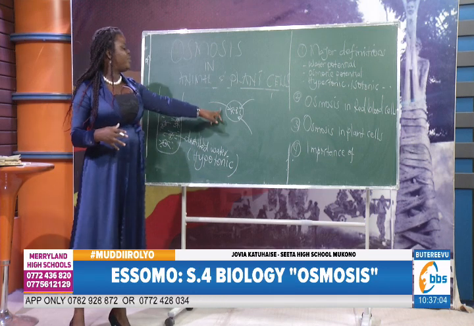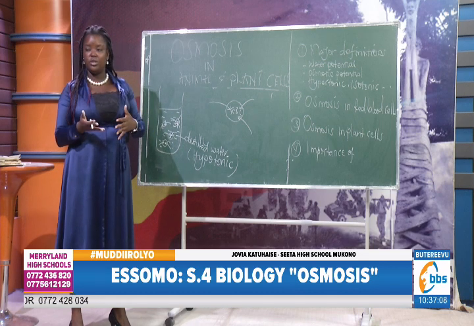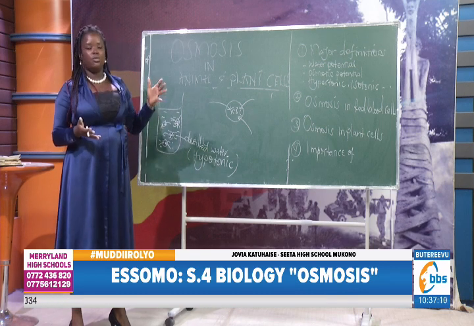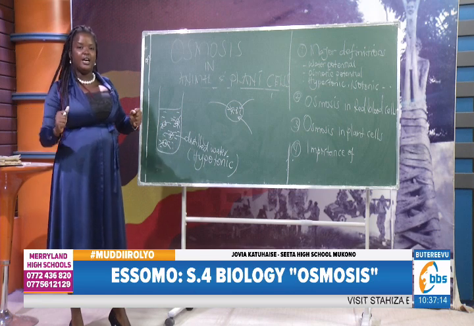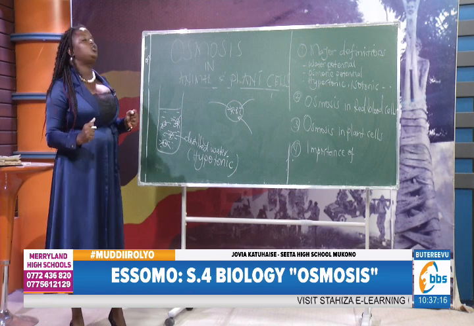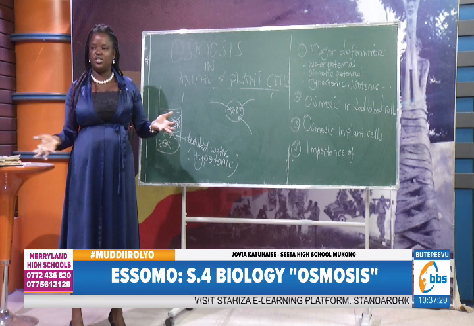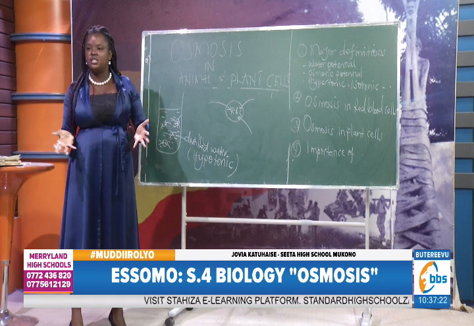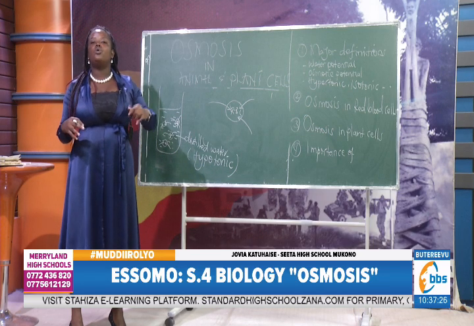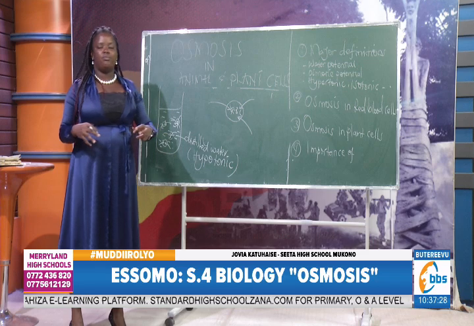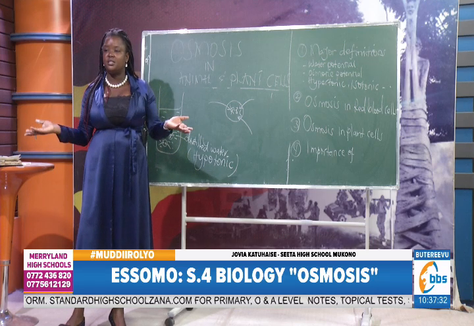Remember, the plasma membrane of the red blood cell is our semi-permeable membrane. It is permeable to water. Water can easily pass through it. So as the red blood cell keeps on expanding, it's going to reach a point whereby the cell membrane will be overstretched and reach its limit. More incoming water will cause the plasma membrane surrounding the red blood cell to rupture or burst.